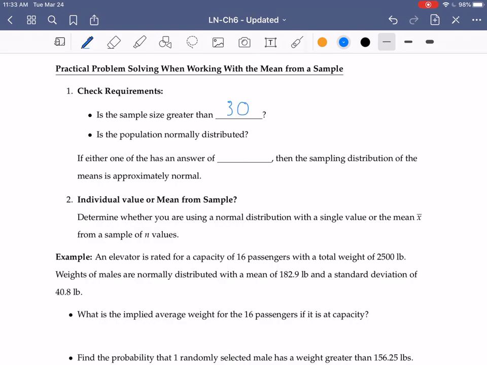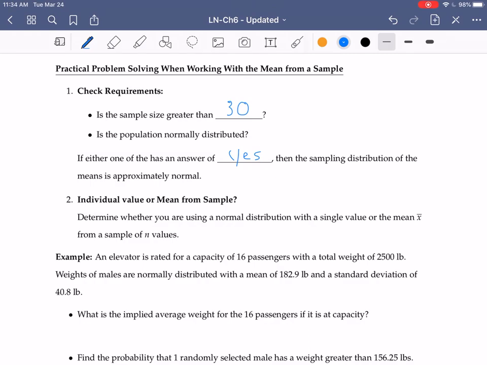If that's there, then we're fine. Is the population normally distributed? If that's true, we're fine. So in fact, if either one of these has an answer of yes, then the sampling distribution of the sample means is approximately normally distributed, and so we can use the central limit theorem.